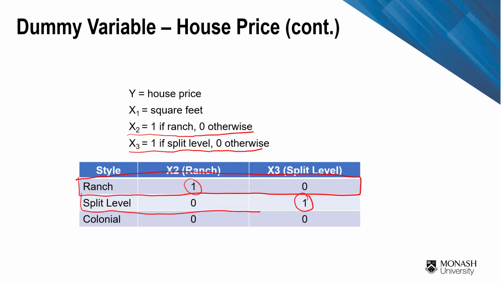If you have split level, you are activating x3. How about if it is colonial? You are not activating anything. So this is like a code, right? If it is 1, 0, it's a ranch. If it is 0, 1, it's a split level. If it is 0, 0, it has to be colonial. That's what you can see.